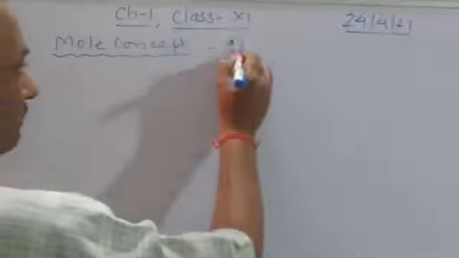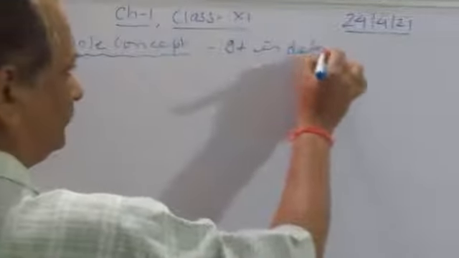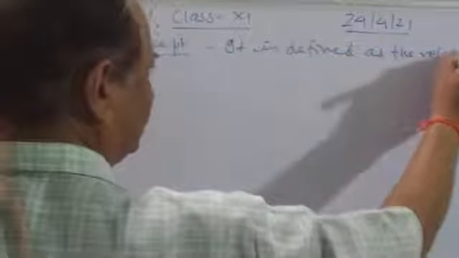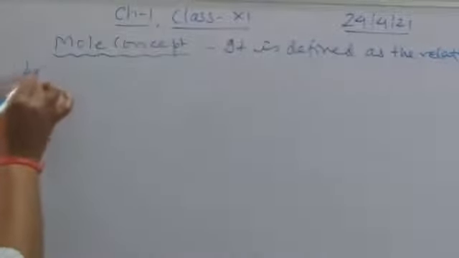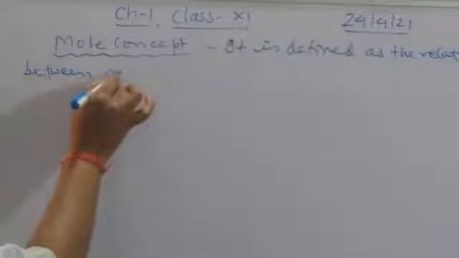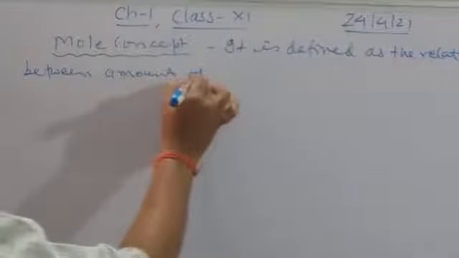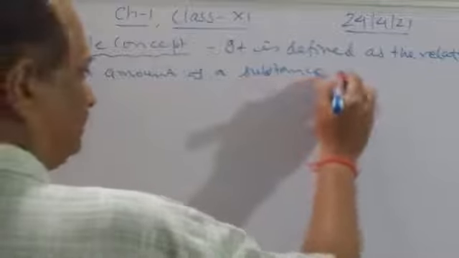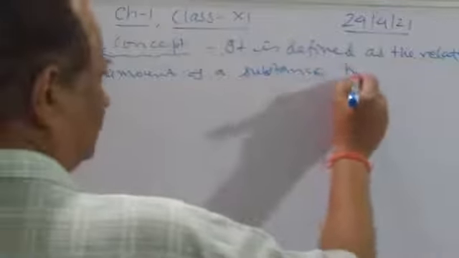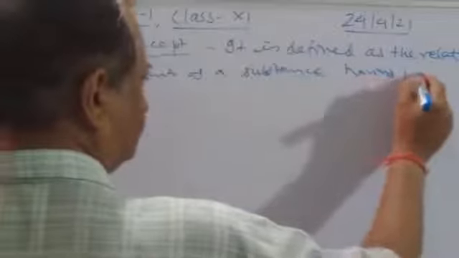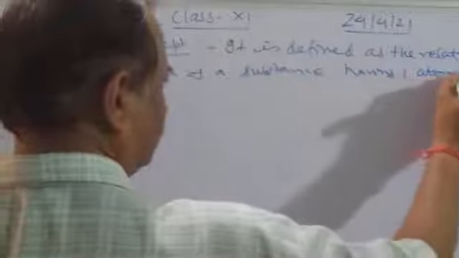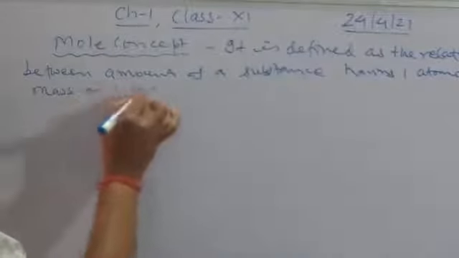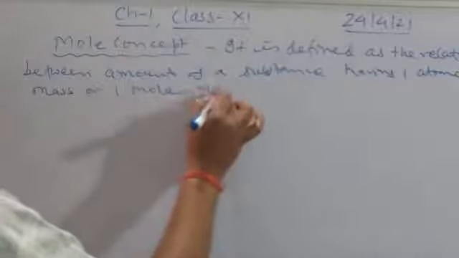So it is defined as the relation between the amount of a substance having one atomic mass or one molar mass.